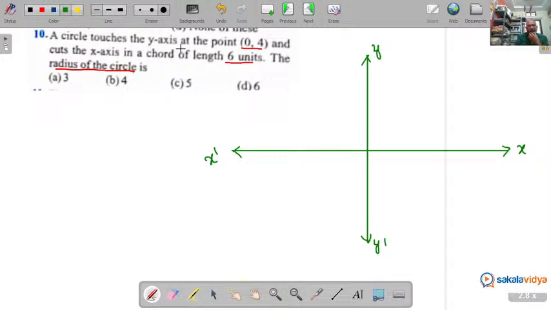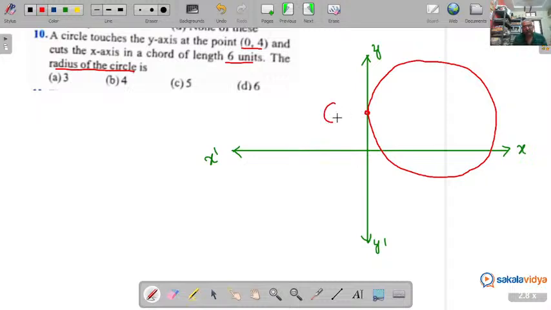The circle touches y axis at 0, 4. So it touches the y axis at 0, 4 like this and cuts x axis. So this is the circle. I hope it's very clear. So that means it touches y axis at 0, 4. This point is 0, 4.